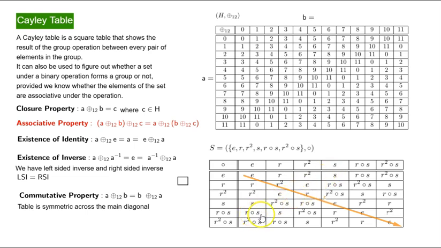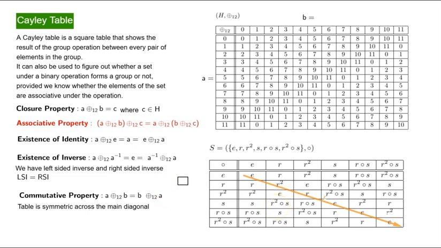R composition S, R square composition S. Next should be R square composition S, but we have R composition S. That means it is not symmetric. You don't even have to bother going forward. The moment it breaks the symmetry, you can stop and say that this is not symmetric across the main diagonal, which means it is not commutative.